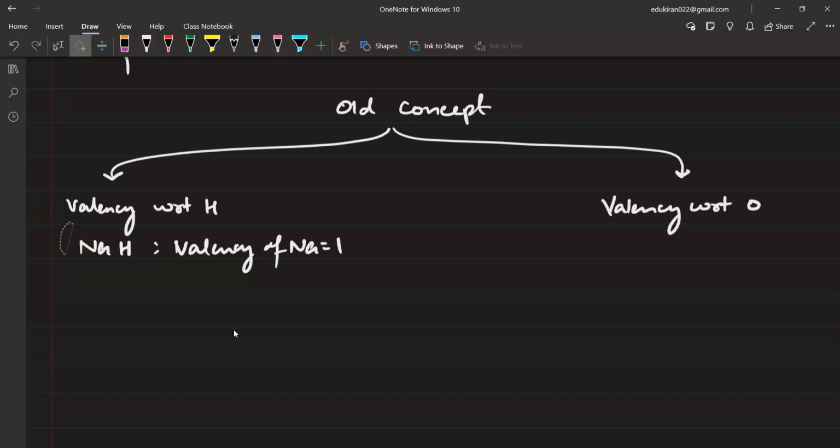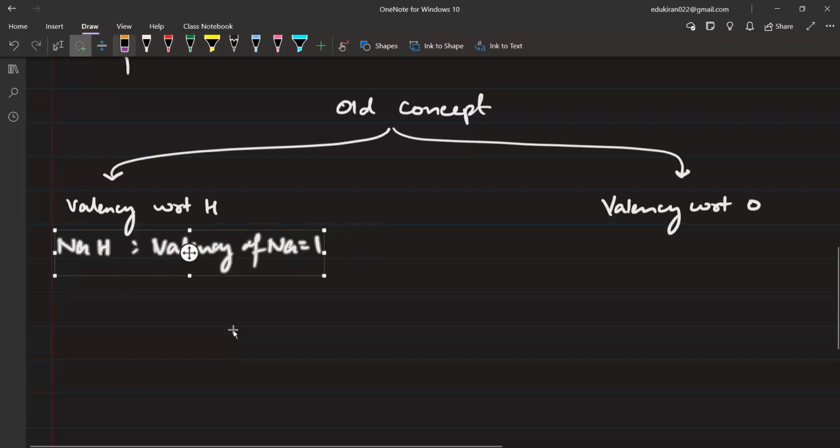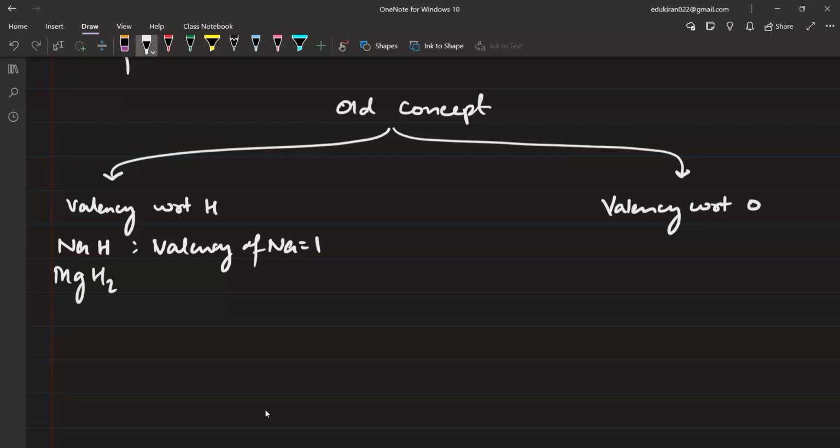But in that case, if I take Mg and Mg attaches with 2 hydrogen for making magnesium hydride, then the valency of Mg is equal to 2. You know?